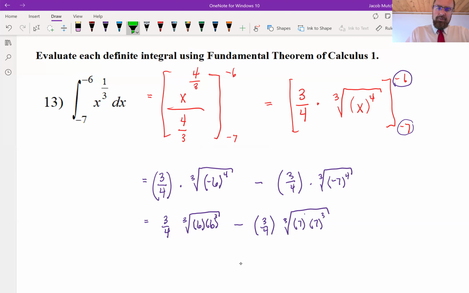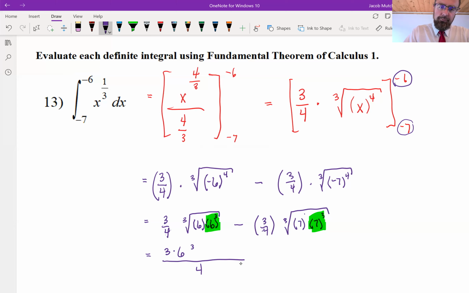My reasoning for grouping these this way is now I can extract part of this value inside the radical. The cube root of something cubed is that number. So the way I'm going to finalize simplification here, this is going to be 3/4. In fact, I'll write it as 1 fraction since I got common denominators of 4. This 6 cubed is going to exit the radical as simply 6.